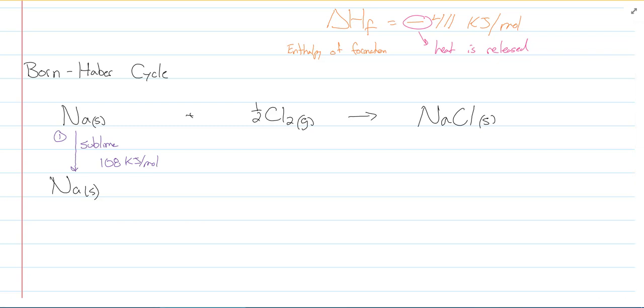That's a gas. Then sodium will give up the electron. Ionization energy. And for sodium, it's 496. This is step 2. 496 kilojoules per mole. And we have Na+.